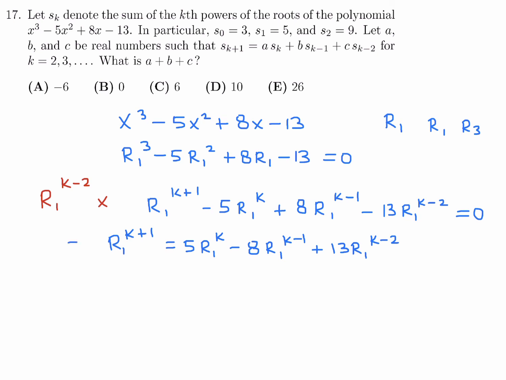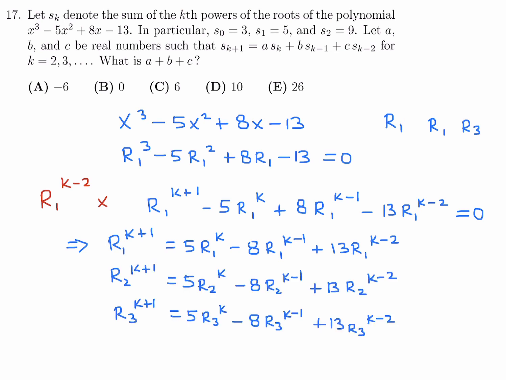Okay, so this is a pretty decent equation. Let's do the exact same for r2 and r3. Now something interesting happens, and it basically is entirely from the question stem. Let's read the question stem again.